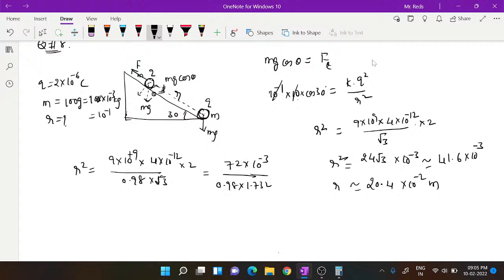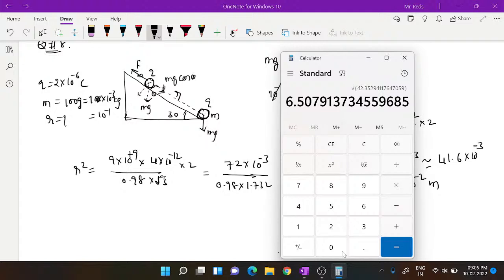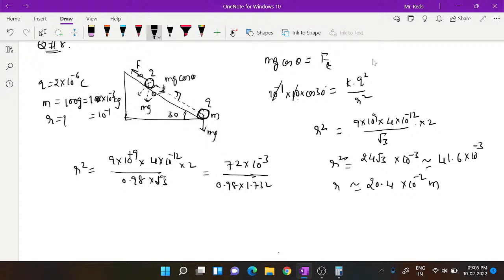Oh, okay. So I have 10 power minus 3 there, right? So I have to write it as 423. For 423, I have to take the root. 423 or 424, the square root will be around this only. I am getting 416 to 423, some parameter approximately we are getting.